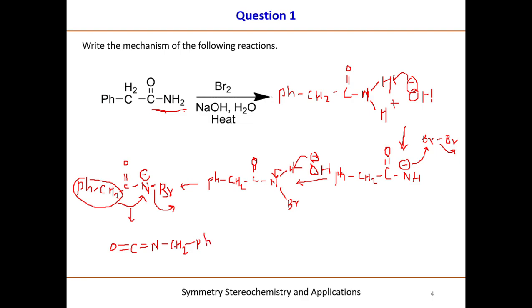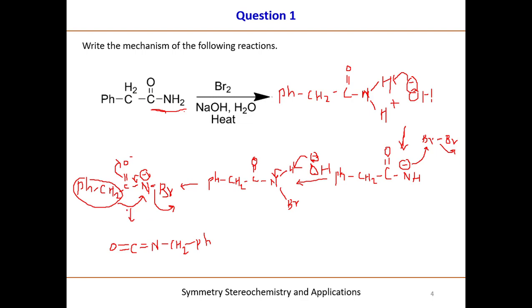Why am I writing here N double bond C? Here you can see that this N is negatively charged. So it can be written in an enolate kind of form, like this: nitrogen and carbon form a double bond and oxygen will carry the negative charge. This way we can get the negative charge on the oxygen atom.